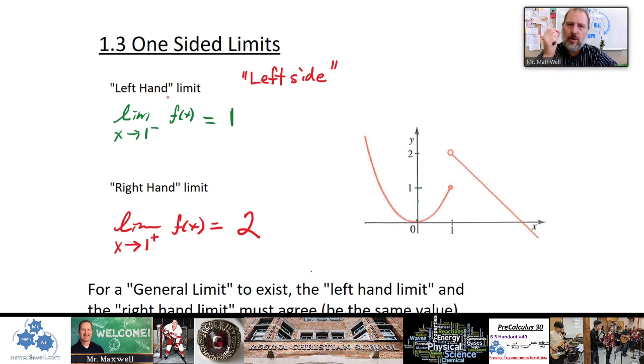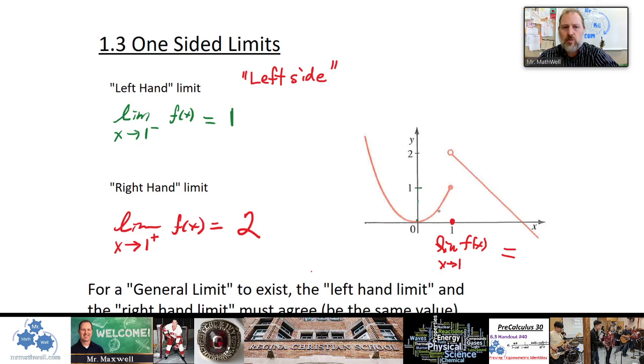And why is it important? Well, because the left-hand limit and the right-hand limit for the same number may be the same, or they may be different. Now watch, here's an example. The limit of f of x as x approaches 1. Well, there is no definite limit here.